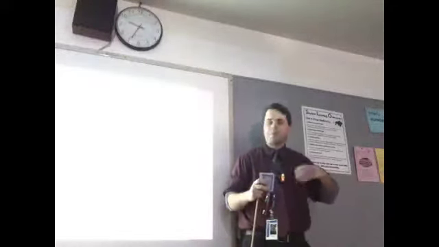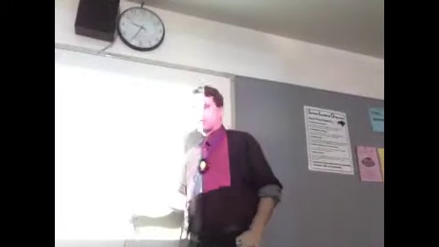Okay, polarization. Now, polarization happens because light travels as transverse waves. Light is a transverse wave and not a compression wave, which means it goes up and down like this.